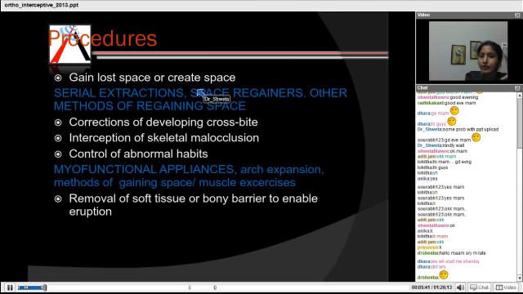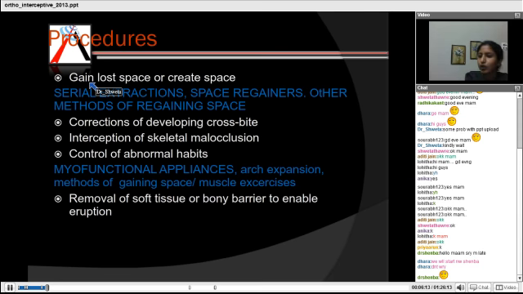Now these are all the procedures which come under interceptive orthodontics, like gain lost space or create space, correction of crossbites, interception of skeletal malocclusion, control of abnormal habits, removal of soft tissue or bony barrier to enable eruption. These are certain things which you need to do in interceptive orthodontics, and all these things which are written in blue, that is your treatment.